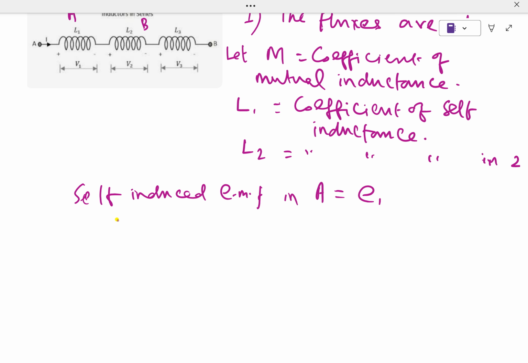EMF E1 is equal to minus L1 di by dt. Why the minus sign? Because it is opposing in nature.